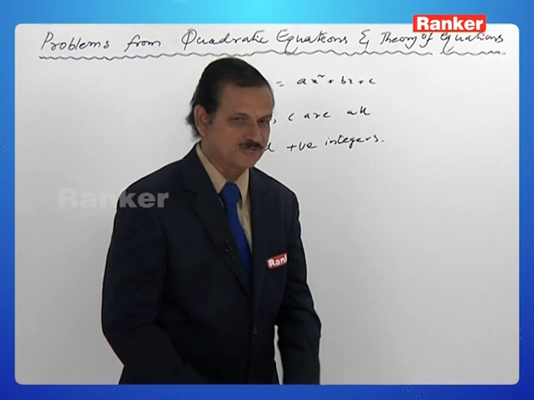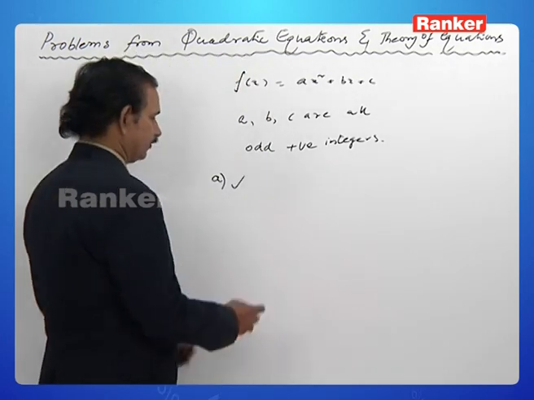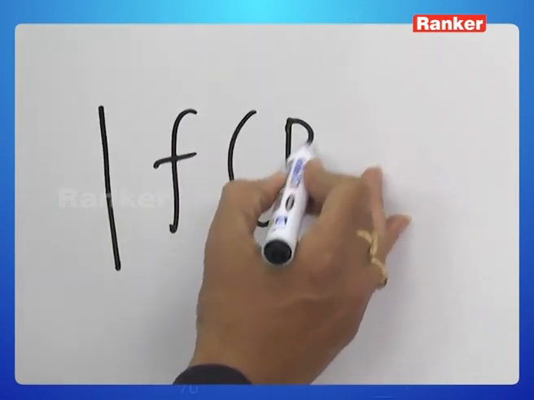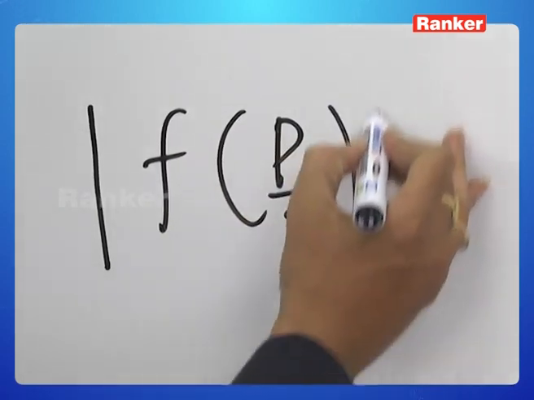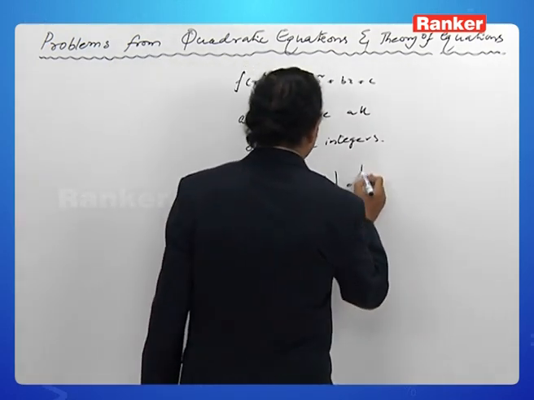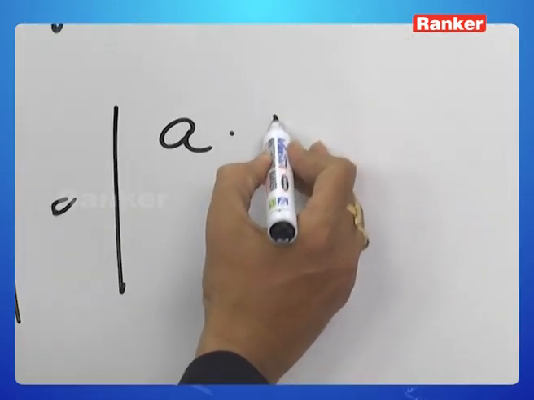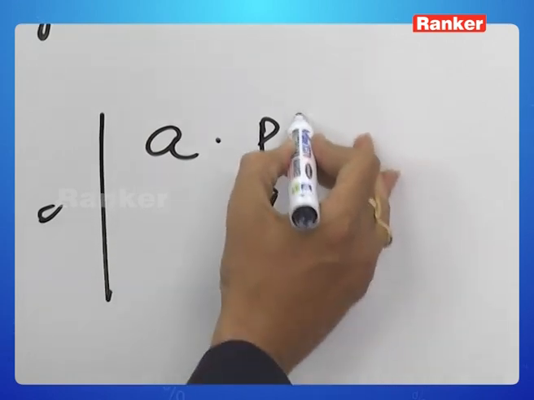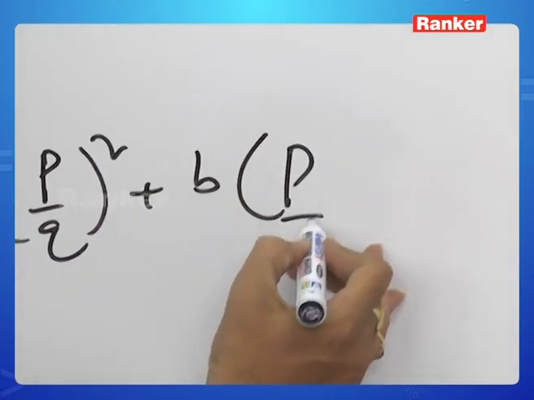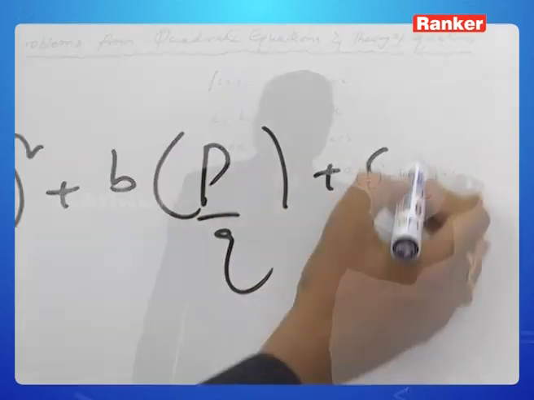What is the second option? Mod f of p by q. What is mod f of p by q? This is nothing but modulus of a into p by q whole square plus b into p by q plus c.